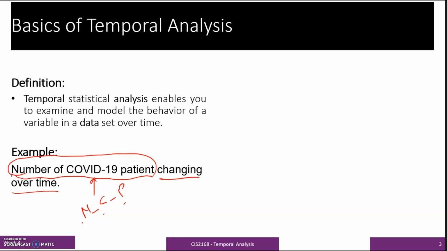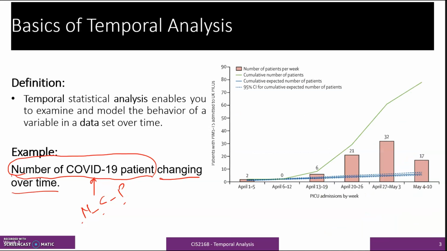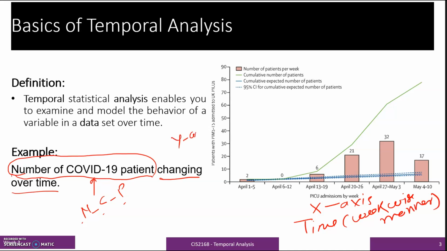I have presented one histogram graph, and this graph represents number of COVID-19 patients varying over time. Here, the x-axis represents time in a week-wise manner, and the y-axis represents number of COVID-19 patients.